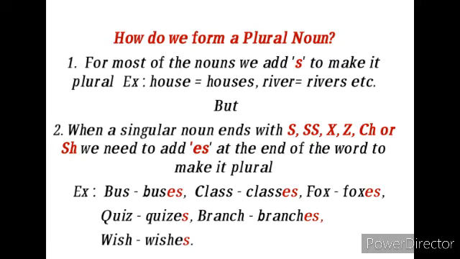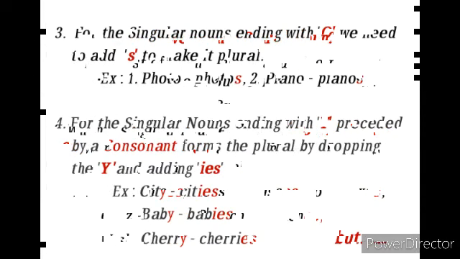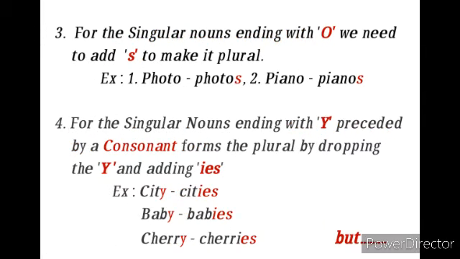So, once again, let me tell you that when a singular noun ends with S, SS, X, Z, CH or SH, we need to put simply an ES to make it plural. Now, let's come to point number 3. For the singular nouns ending with the letter O, we need to add S to make it plural.